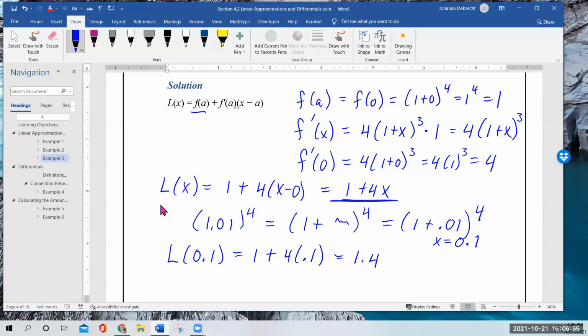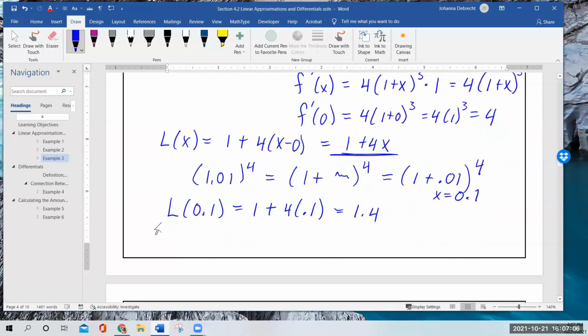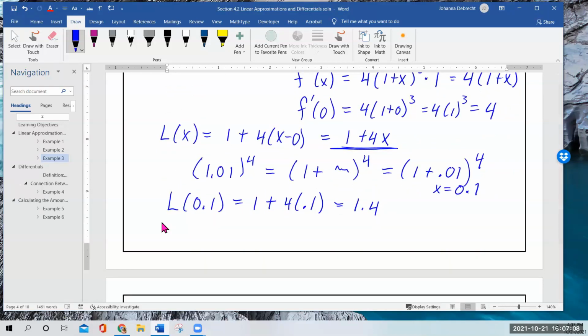When I take 1.01 and I raise it to the 4th power using a calculator, did I do that right, or did I mess up my number? Oops, I did mess up my number. This is supposed to be a 0.1, so that would be 1.04. When I take 1.01 and I raise it to the 4th power, what do you get?